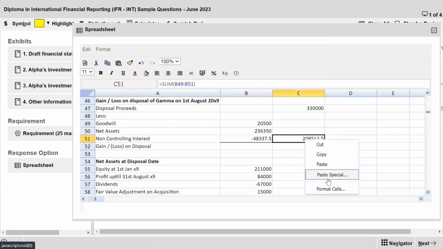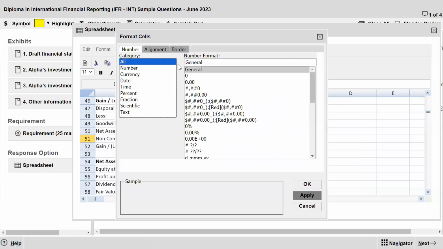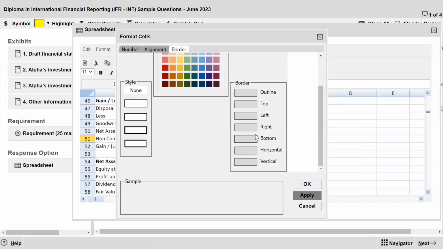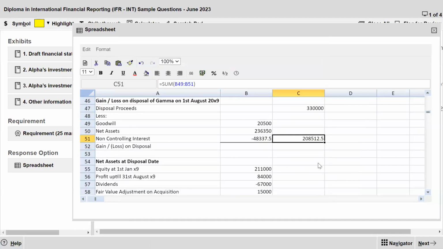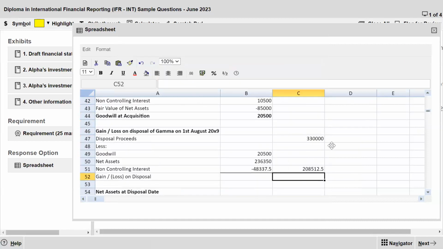So now this is what we have capitalized. Hence, there is going to be a gain or loss on disposal.